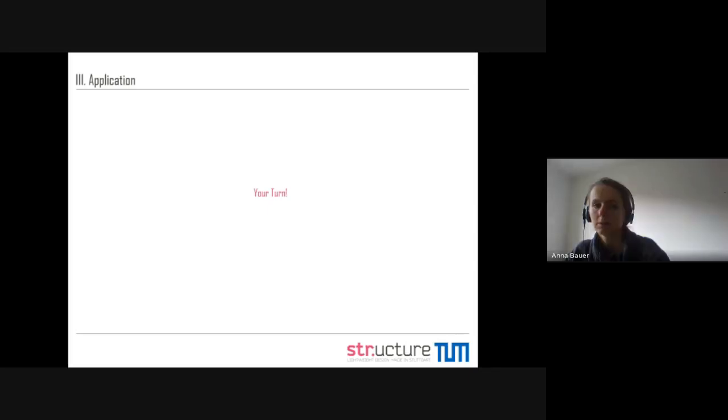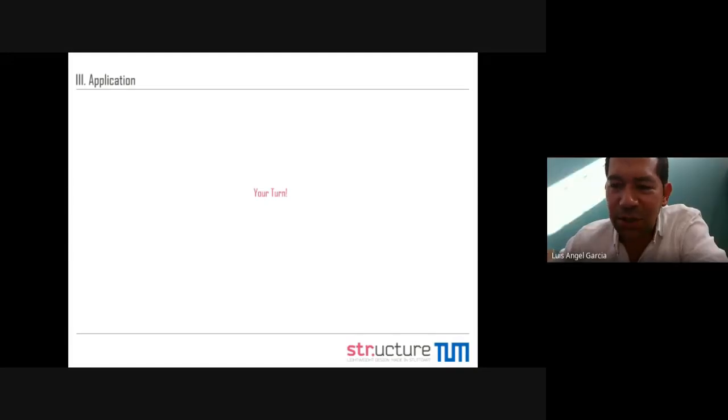Okay. Hello. Hey, I'm Luis. And just to get the concept super clear, Kiwi does the form finding. So you give it the parametrization, just as you would give it to Kangaroo physics, and it does the form finding itself.